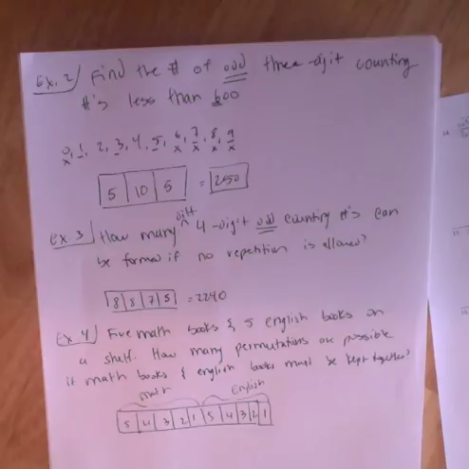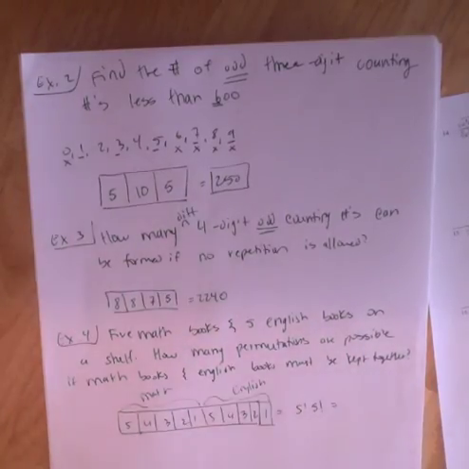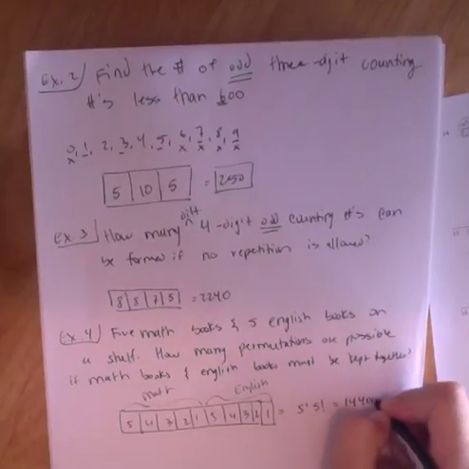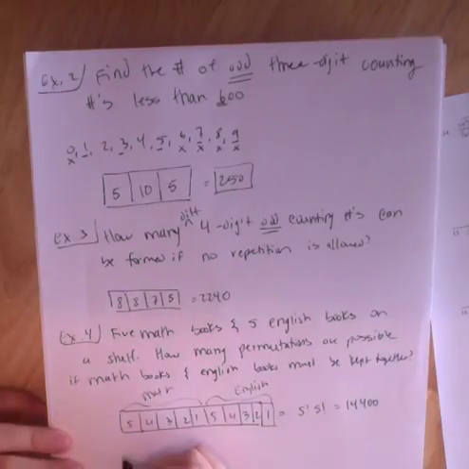Right? And if we do this, we get 5 factorial times 5 factorial, and that gives me, let me do it in the calculator, 14,400. Now, this is if math comes first.